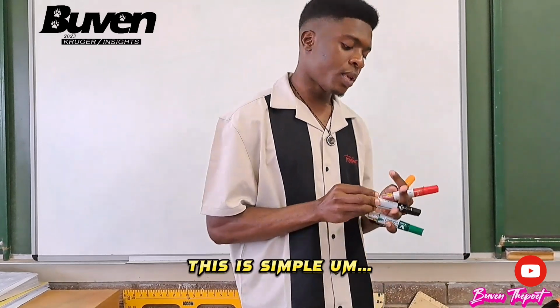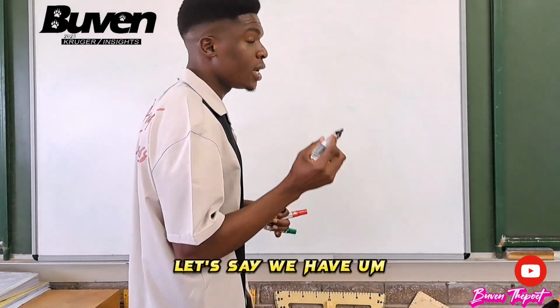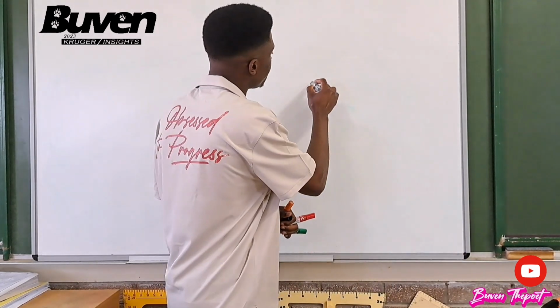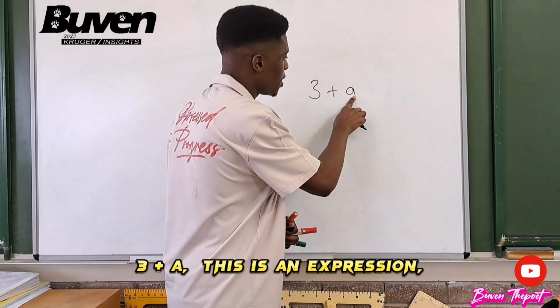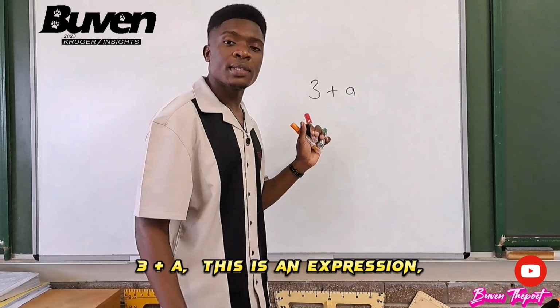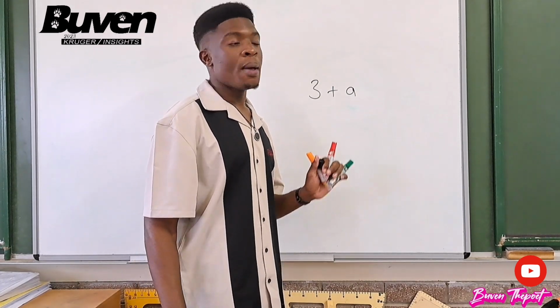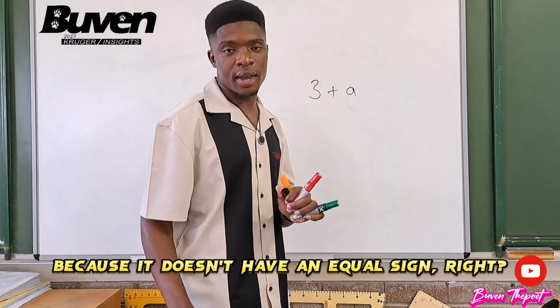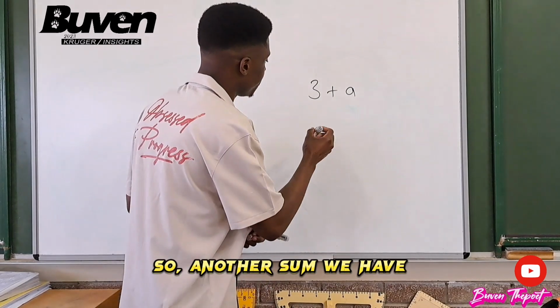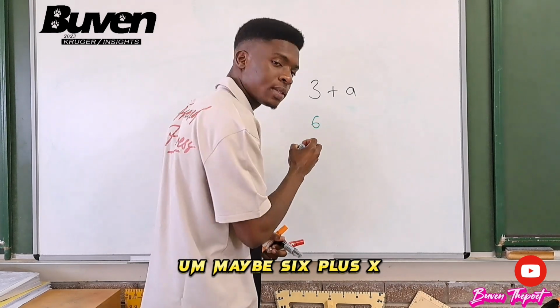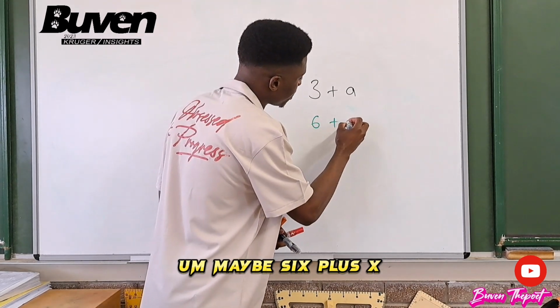This is simple. Let's say we have 3 plus 8. This is an expression because it doesn't have an equal sign, right? So, another sum. We have maybe 6 plus x.